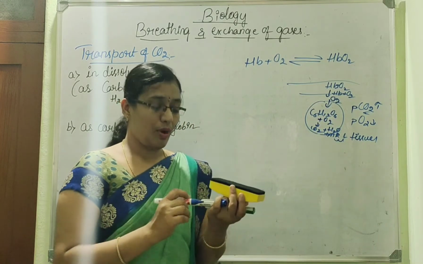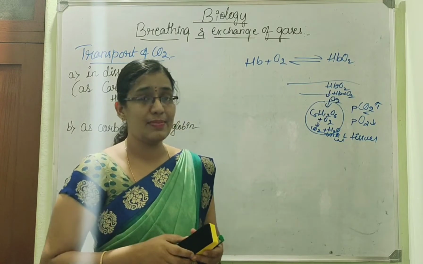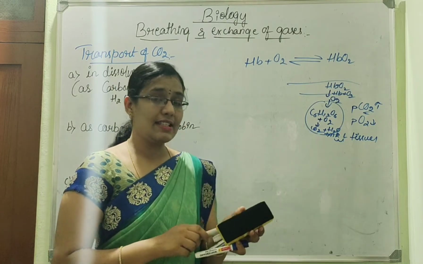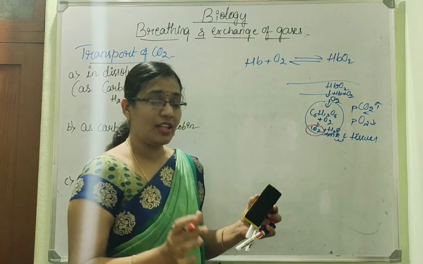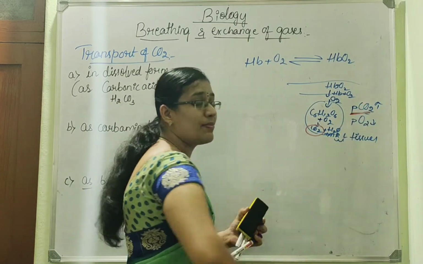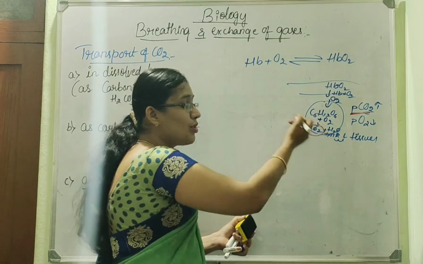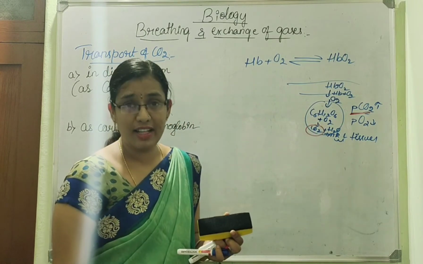So as the metabolic reactions take place inside the cells, there is the release of more and more carbon dioxide, and thus at the tissues partial pressure of carbon dioxide is more, as more and more carbon dioxide is released here.